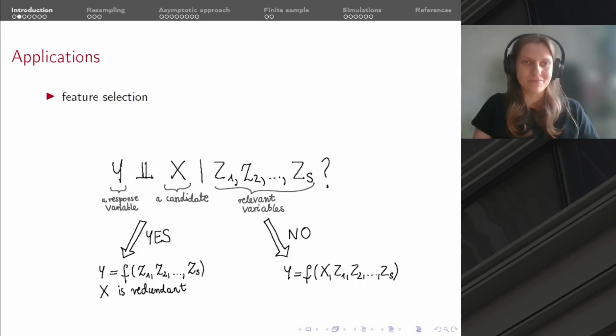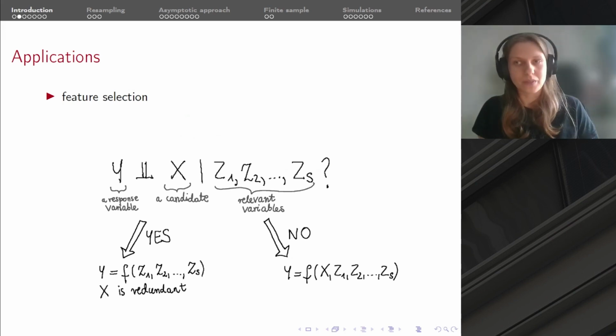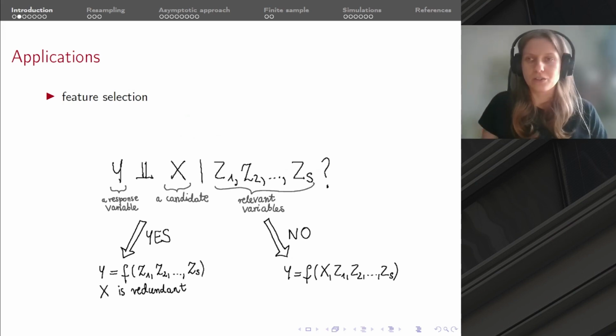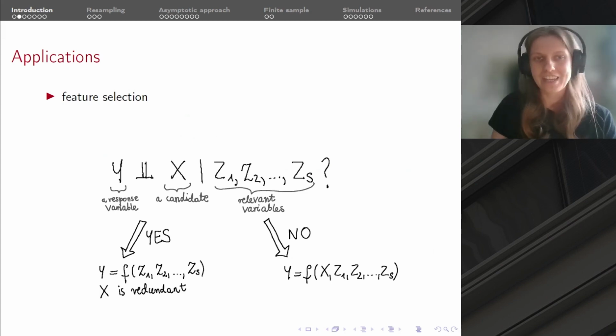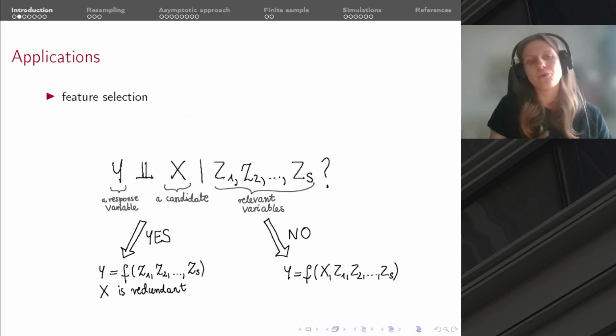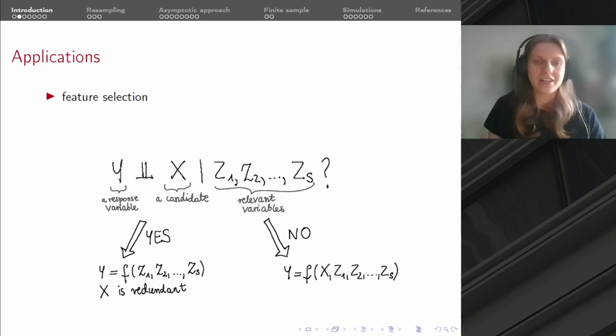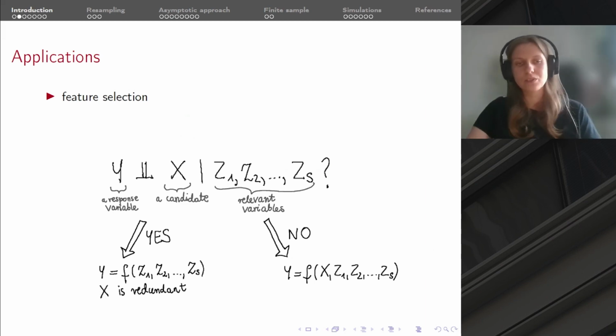And why do we need testing of conditional independence? Again, just an easy example of application. I'll give you just one example, but in fact, there are many more. For example, we can use conditional independence testing for feature selection. So we ask the question if y is independent of x given some variable z, and in this setting, y denotes a response variable.